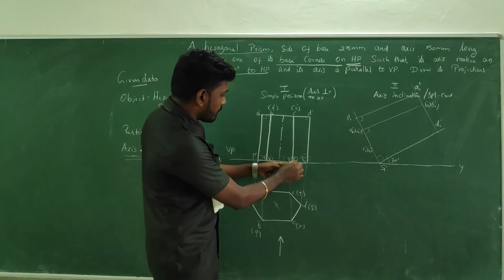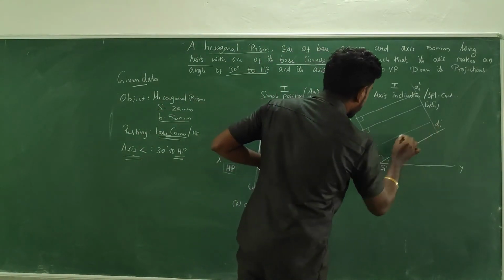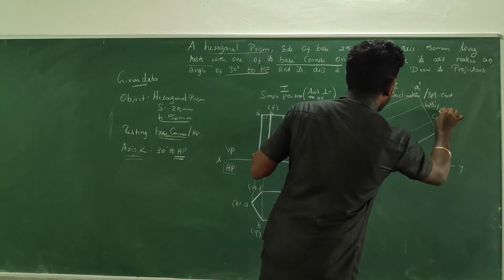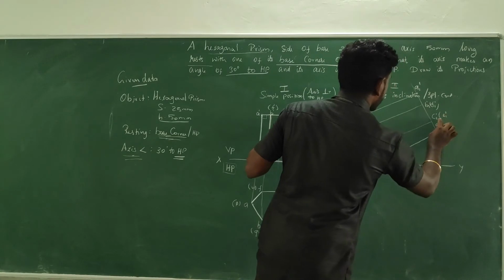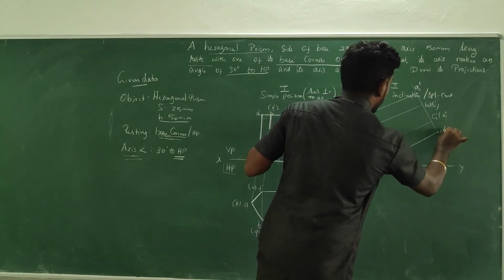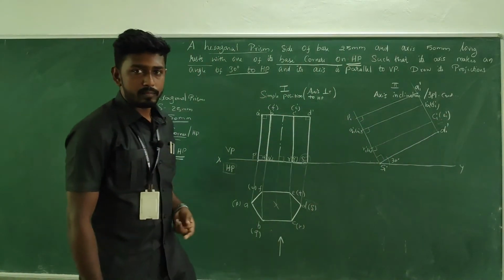Take the 90 degree line from the R and T points. If you take the 90 degree line, something like this, you'll get C1 dash and E1 dash. Okay, this is D1. You can avoid the confusion. So this is C1 dash and E1 dash.